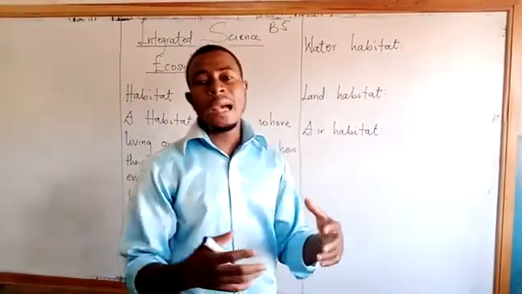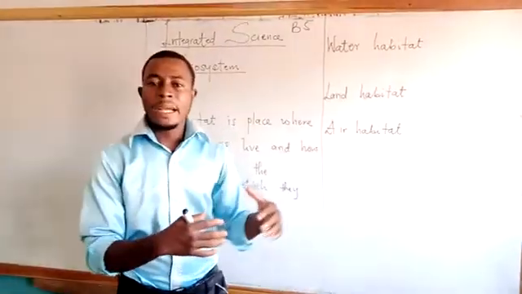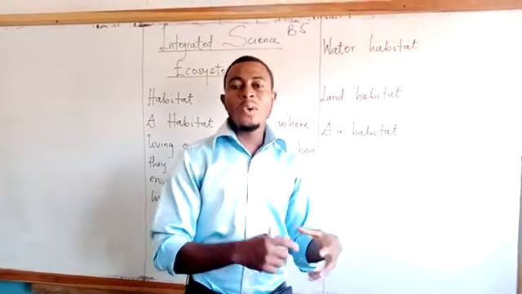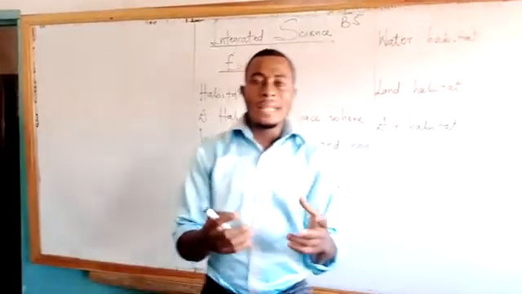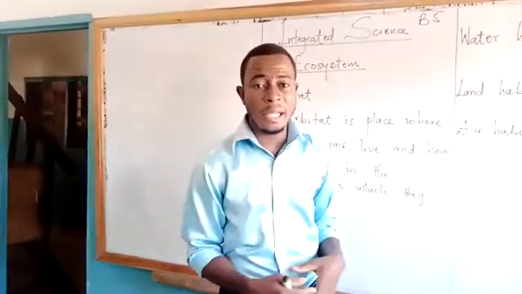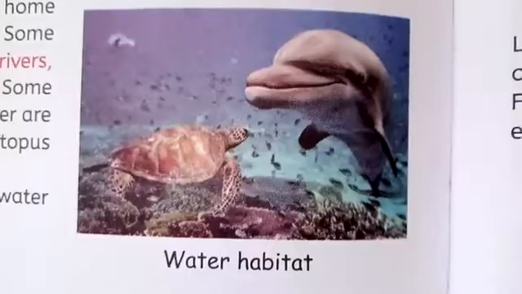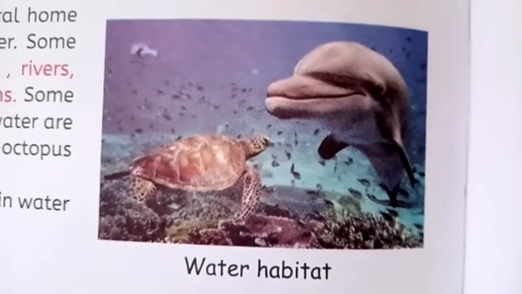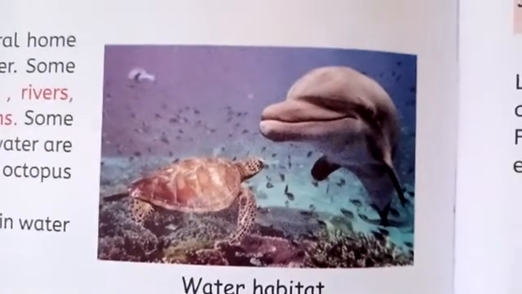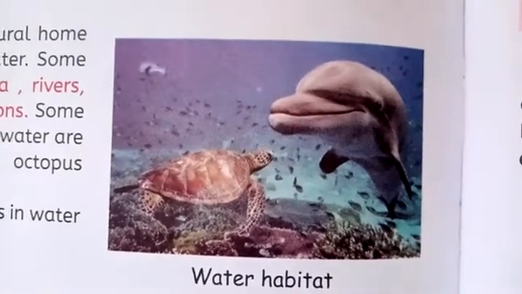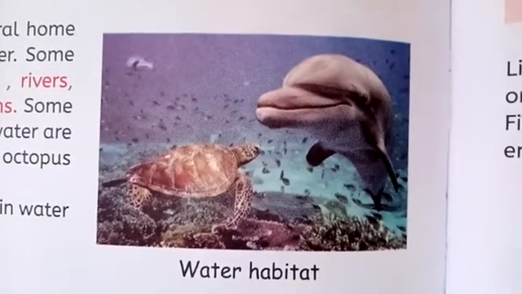And so we're going to look at three habitats and the various kinds of organisms that live within these places. First of all, we are going to look at water habitat. Now when we talk about water habitat, we refer to the natural home of living organisms in water.